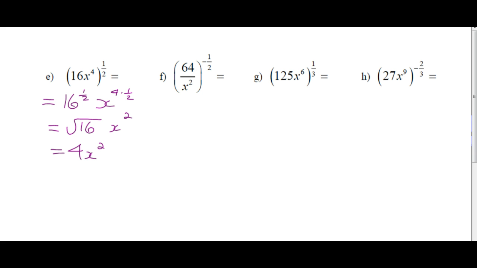So it's 16 to the 1/2, x to the 4th times 1/2. Power to a power, you multiply exponents. 16 to the 1/2 is the square root of 16. And x to the 4 times 1/2 is x squared. Square root of 16, despite your best efforts to change it, is still 4. And x squared is just x squared.